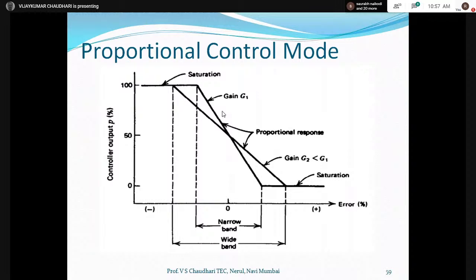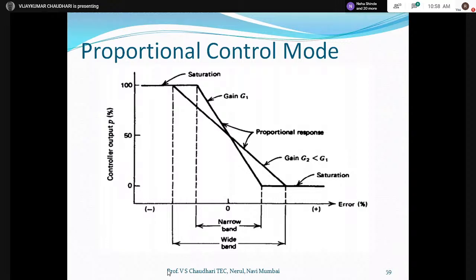But what is the negative effect of this? An increase in gain decreases the band or range of error for which the linear relationship exists. Higher and higher the gain, the band will be smaller and smaller, and the saturation will occur earlier and earlier. Right? So this becomes a narrow band as the gain increases.